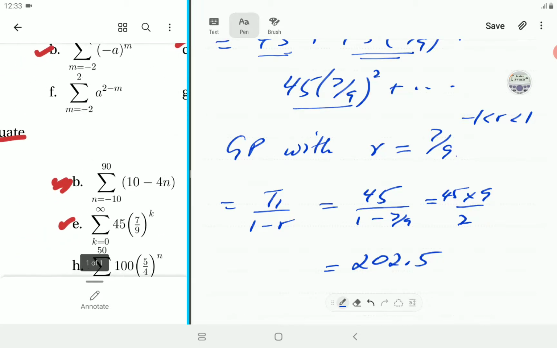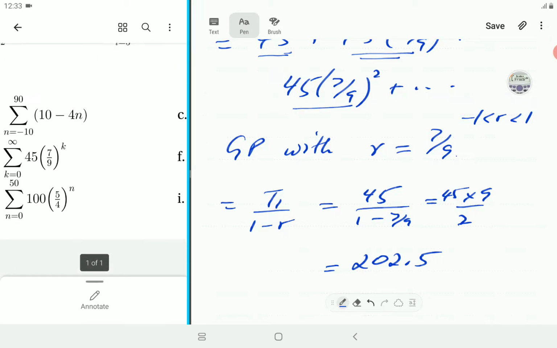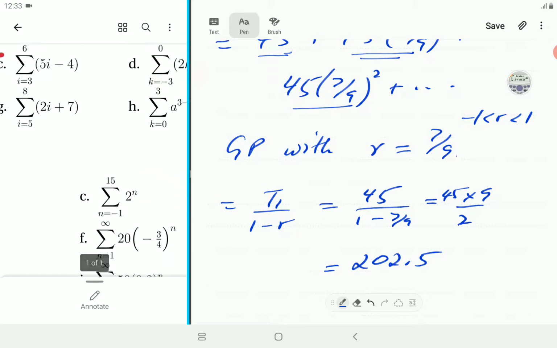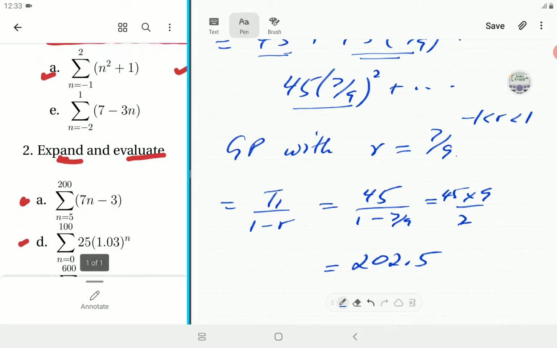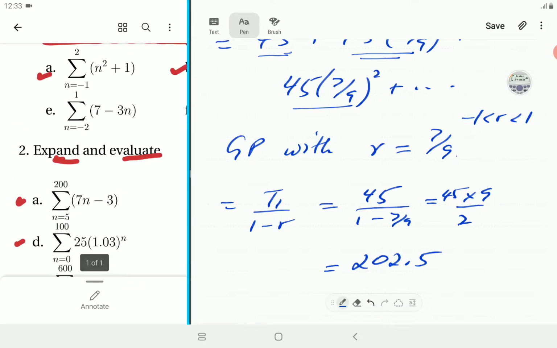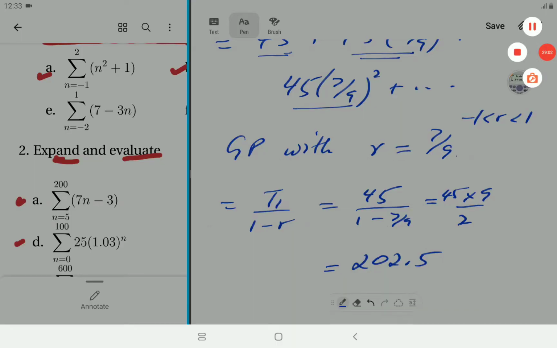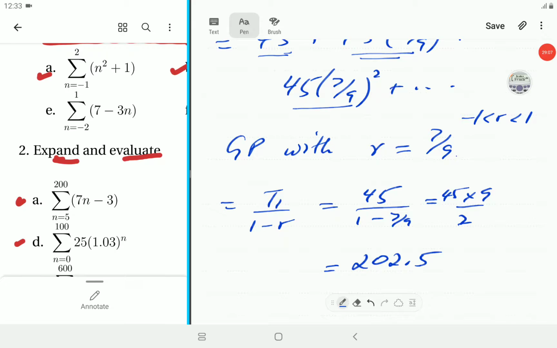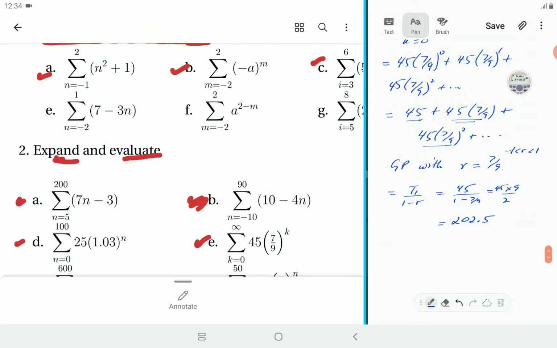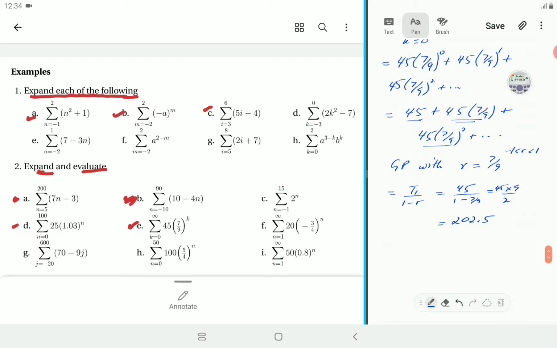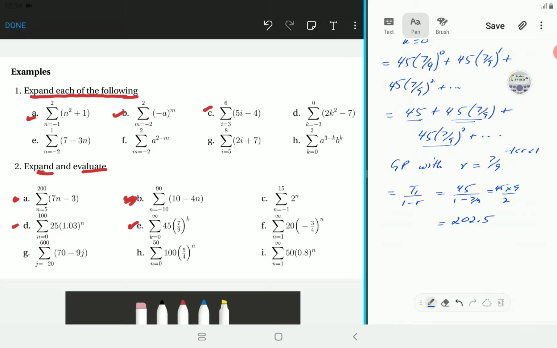So just one moment. So that was E. I think that's the last one we're doing. So at this point, we're going to give you a chance to have a go at some of the exercises in number 1 and some of the exercises in number 2. So you will preferably want to pause the video and then have a go at those ones.